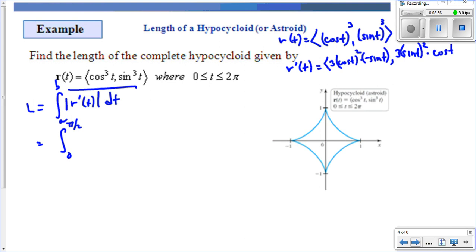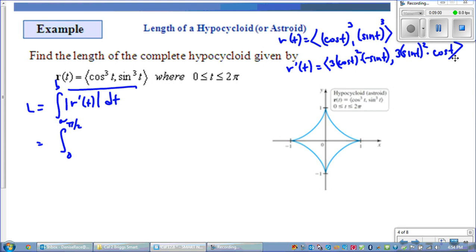So I'm using the power rule and the chain rule. So that gives me negative 3 sine of t cosine squared of t, plus 3 sine squared of t cosine of t. And that's my r prime of t.